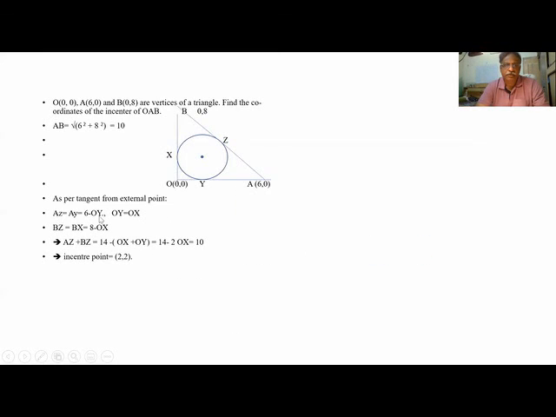So 8 plus 6 is 14, minus OX minus OY. OX and OY are equal because these are tangent lengths from this point. So minus 2 into OX. When I solve this, 14 minus 10 is 4, and 4 by 2 is 2. So both are 2. (2, 2) is the incenter of this circle. That way, from the points we can find the lines, and we can find the incenter, circumcenter, and all the things.